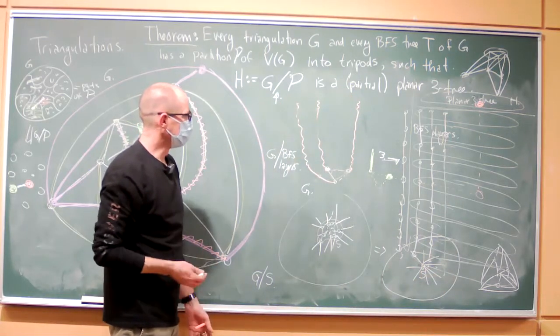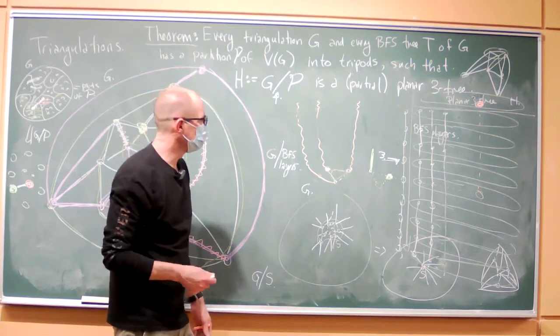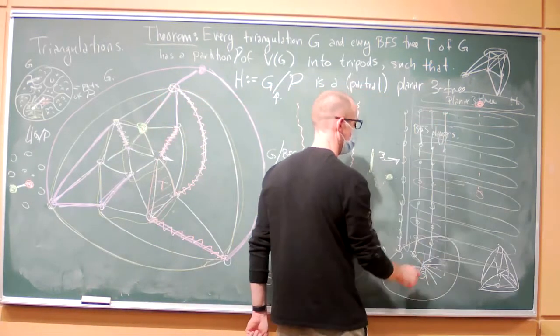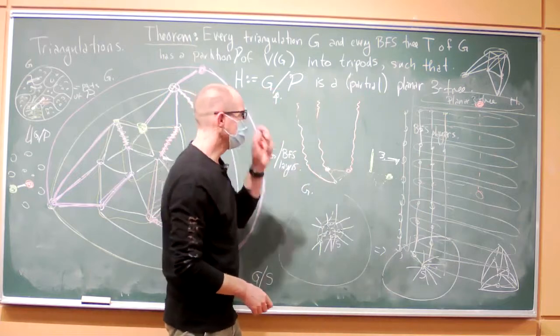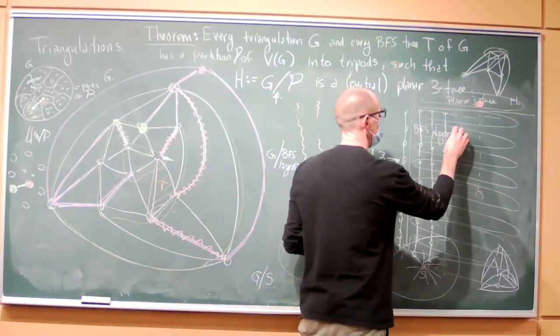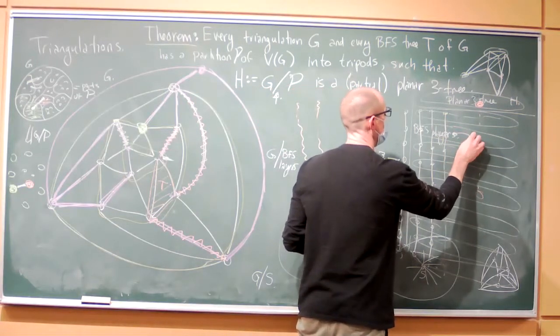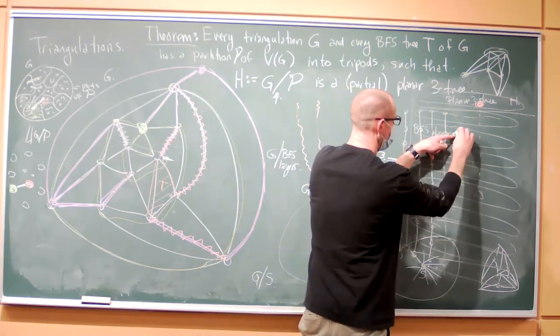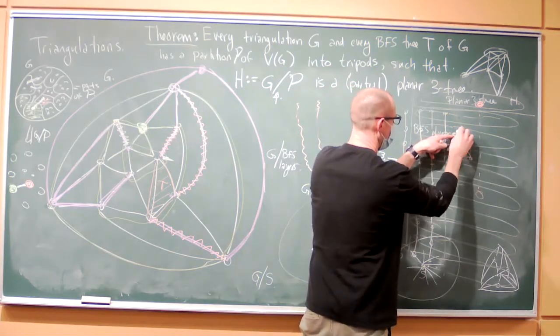And now you've got all these edges inside a layer, you've got all these vertical edges. And now anytime you have an edge inside a layer like this, you also add the corresponding edges from this layer to the next layer.